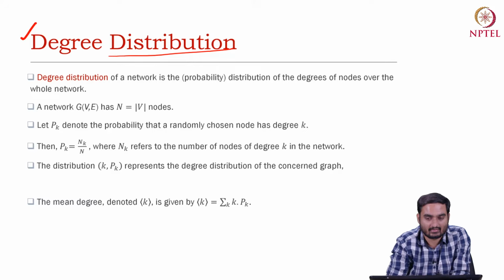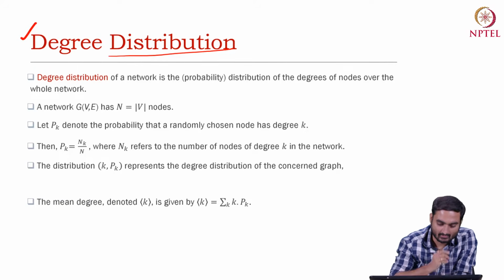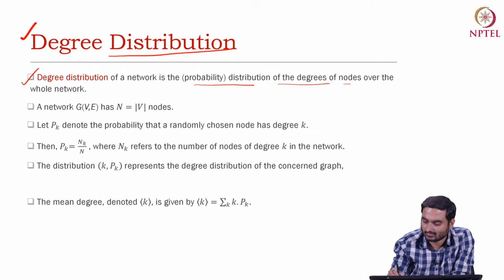Degree is essentially a discrete quantity, because we can't say that the degree is 2.553. A degree can be 1 or 2 or 3 or 4 and so on. Degree is always an integer, a positive integer in fact.